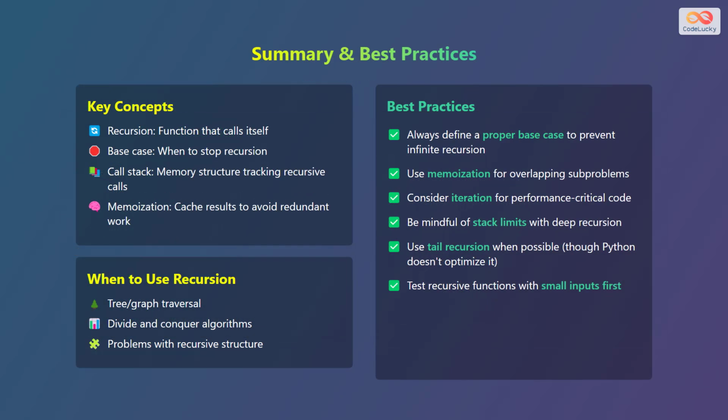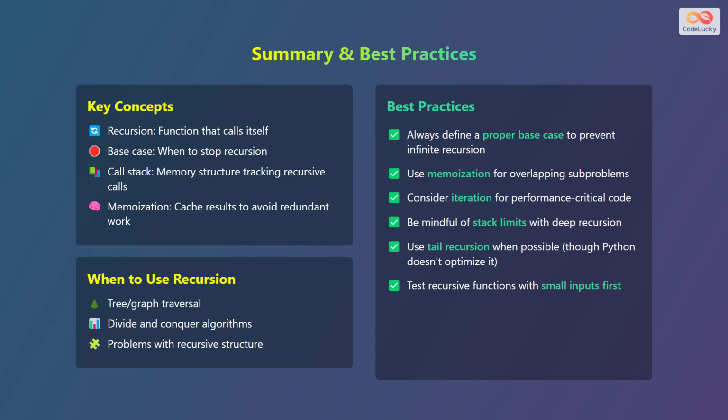Here is a summary of what we've covered. Remember these key concepts. Recursion, which is a function that calls itself. The base case, which specifies when to stop recursion. The call stack, the memory structure tracking recursive calls. And memoization, which is used to cache results to avoid redundant work.